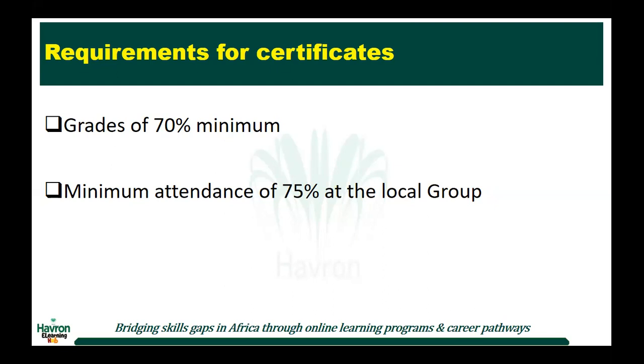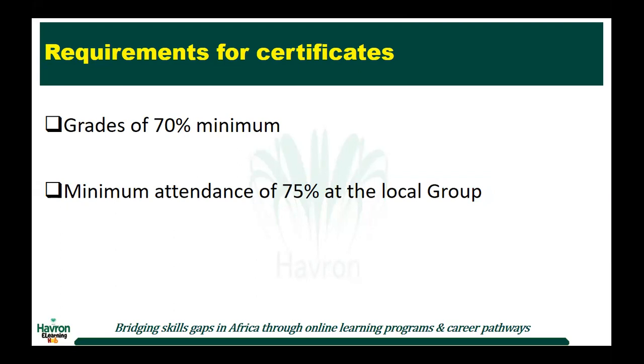Then, even if you have 70% and above, or even 100% as a whole, but during site meetings, when Havron is having meetings where we are supposed to have our peer-to-peer interactions, you became absent several times or do not make up to 75% attendance during the teleconference meetings, your certificate might not be issued to you. It is one of the guidelines from University of Washington that every participant must attend at least 75% of the on-site meetings.